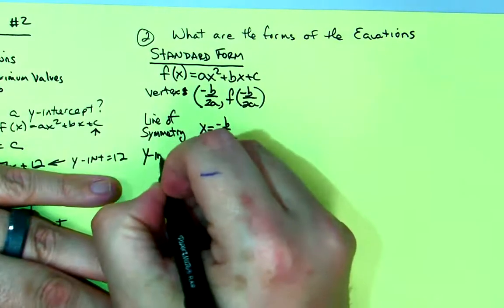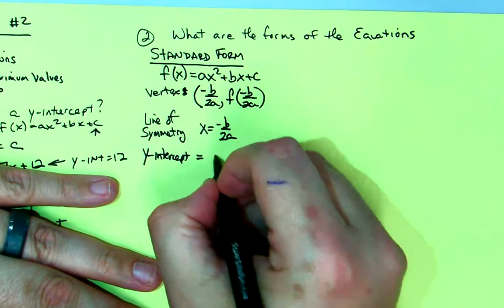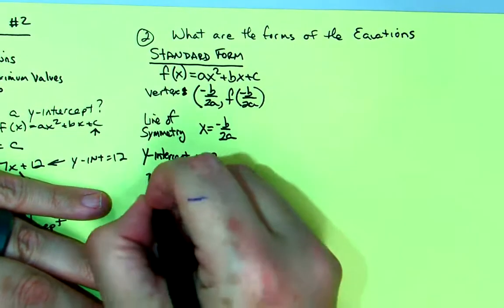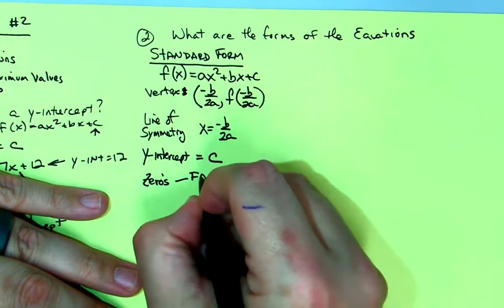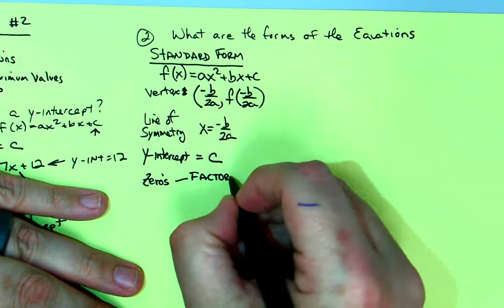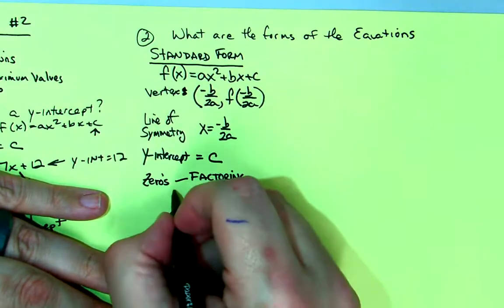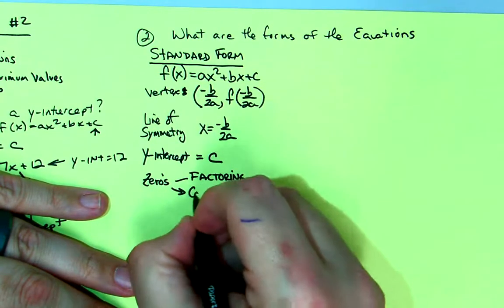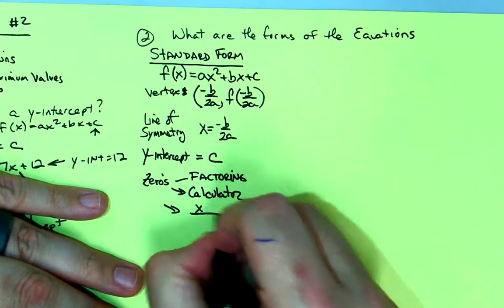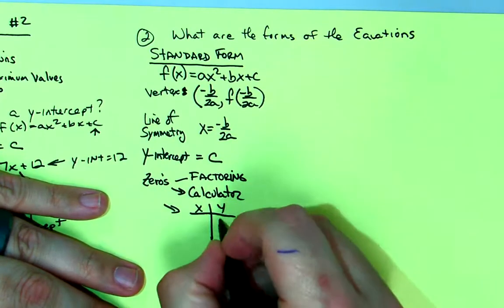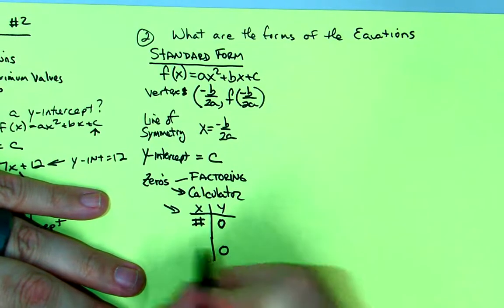Your y-intercept is equal to c. You can find your zeros by factoring, which we'll cover in a different quadratic fact. You can do this using your calculator. Or, in an xy table, as soon as you see 0 for y, you're going to get a number here, and you get another 0.